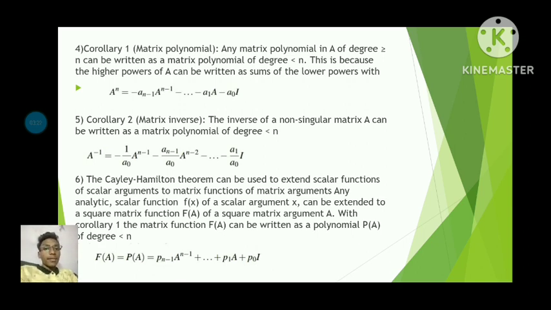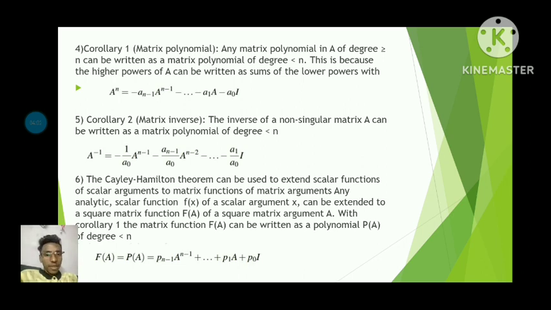Now we see the sixth equation. The Cayley-Hamilton theorem can be used to extend scalar functions of scalar arguments to matrix functions of matrix arguments. Any analytic scalar function f(x) of scalar argument x can be extended to a matrix function F(A) of a square matrix argument A. With corollary 1, the matrix function f(A) can be written as a polynomial p(A) of degree less than n.